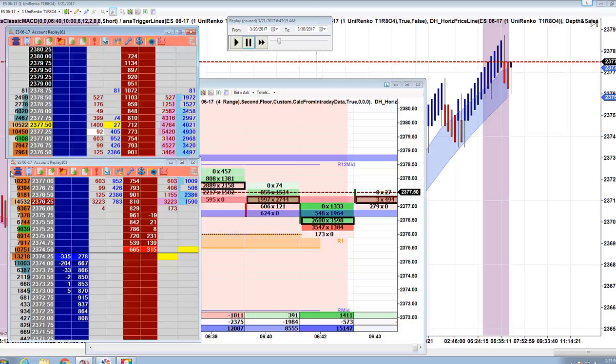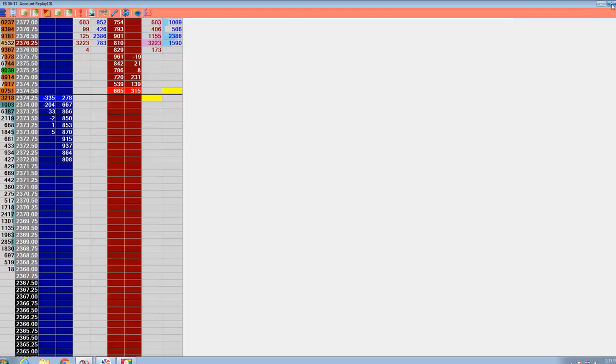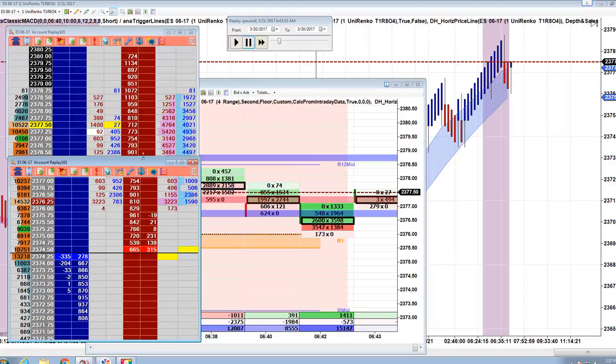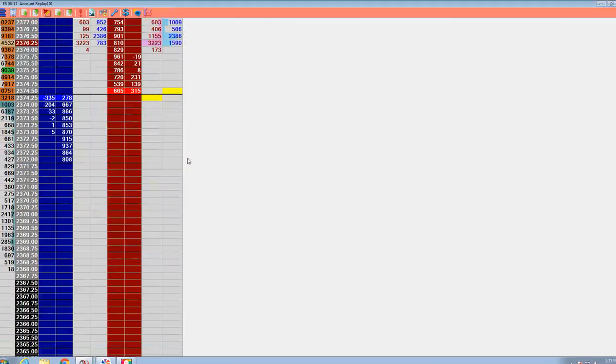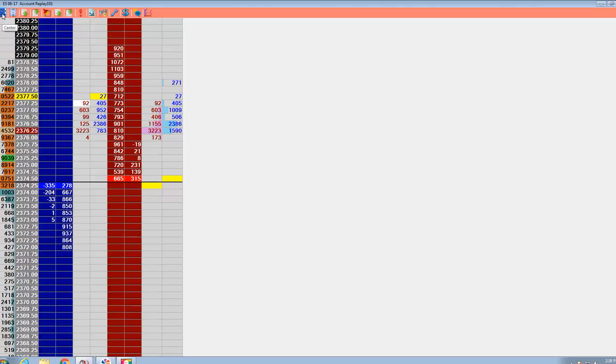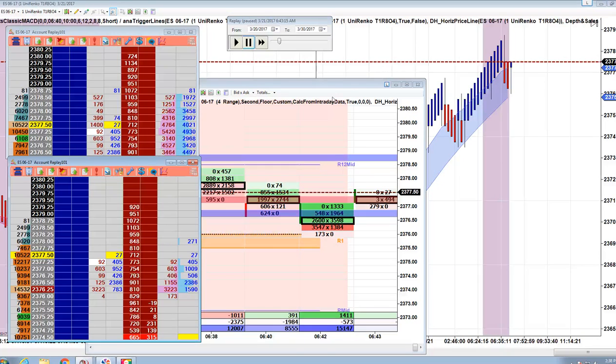So let's do that on both of them. Replay is very valuable, but it does have its idiosyncrasies, to say the least, and it can be very frustrating, but it's an invaluable tool.